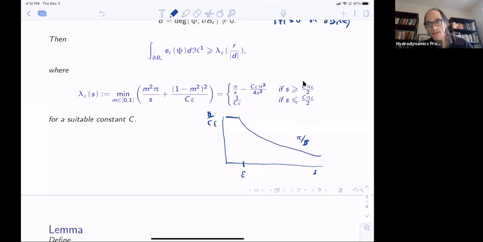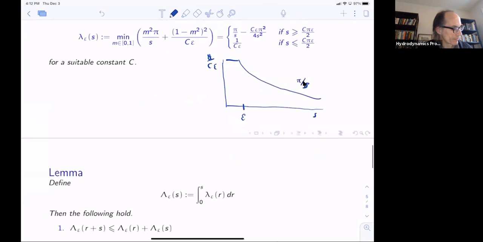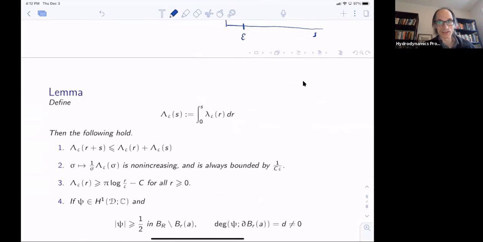So it's a bounded non-increasing function, and this capital lambda epsilon is just the integral from 0 out to s of little lambda epsilon.